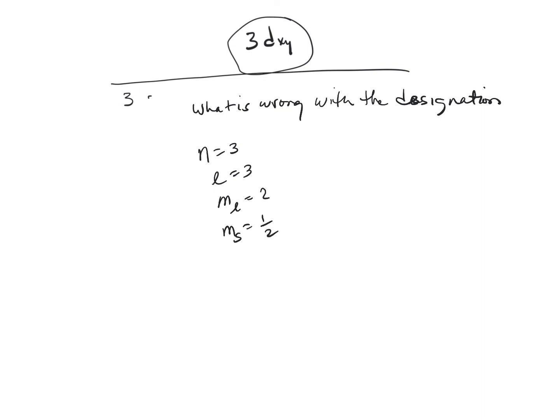So what's wrong with it? What's wrong is this one, L, because L can only go up to n minus 1, right? So in this particular example, L can only be 0, 1, or 2, but it can't be 3 because it has to be 3 minus 1 as the last one here. So that's what's wrong with that. N cannot be equal to L.